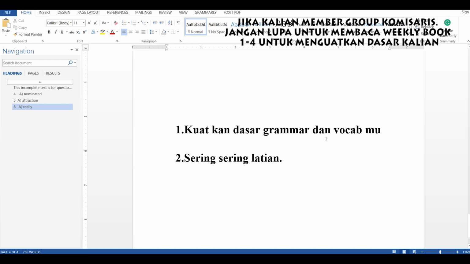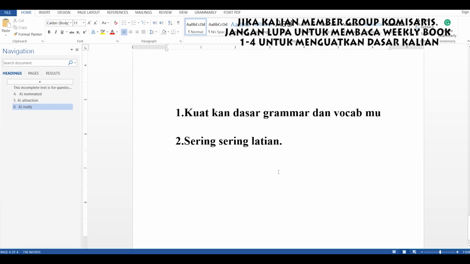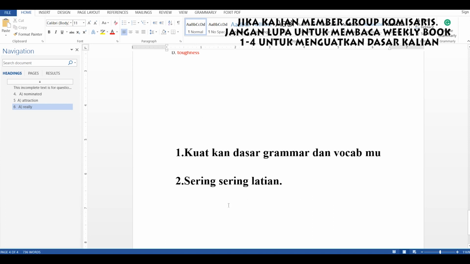So always practice and reinforce this. And second, always practice more and more. If you want to go to war but you never practice using your weapons, you will lose. It is the same for facing the examination. If you have never practiced, you cannot really do the examination well.